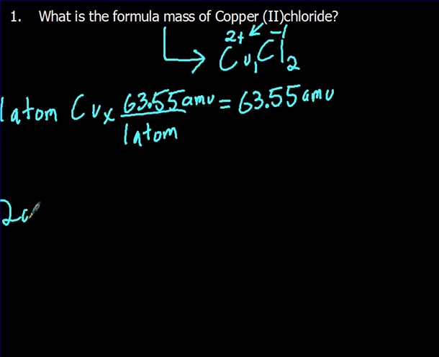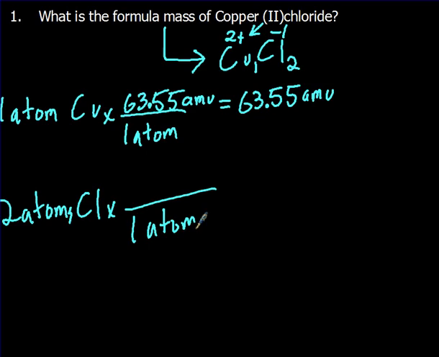Next, we got chloride. We got 2 atoms of chlorine. Now, for every 1 atom of chlorine, it has an AMU, you check the periodic table, of 35.45.